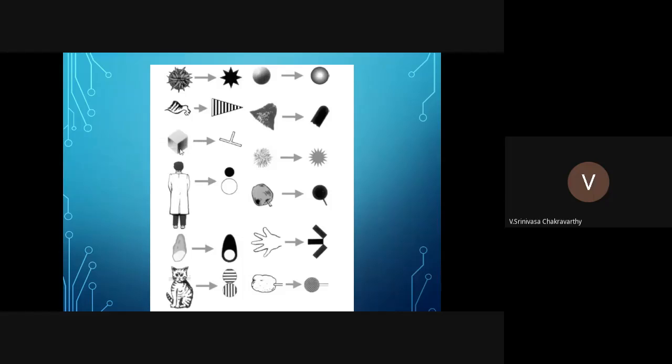Now, this cube, which has a corner which looks like a Y, right, is represented as a T. This person, with a black head and long white shirt and a coat and black pants, is simply presented as a white circle with a small black circle mounted on top of it, and so on.